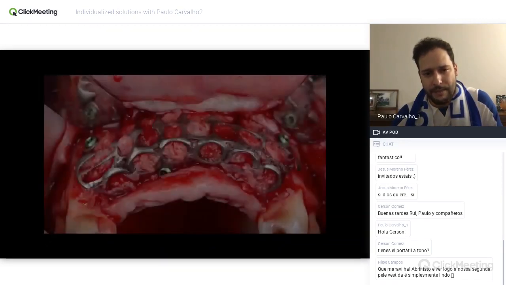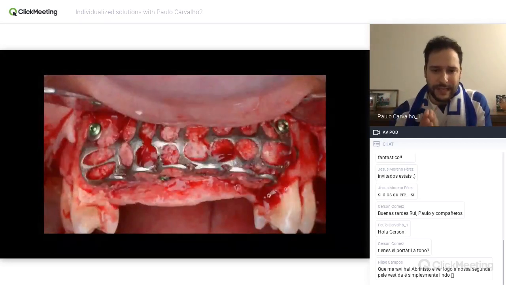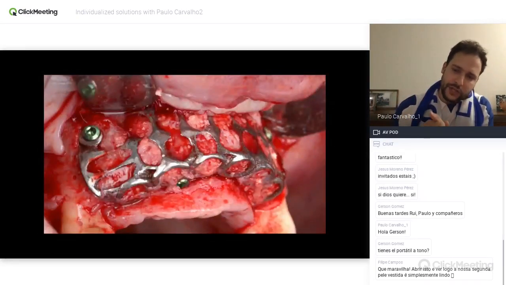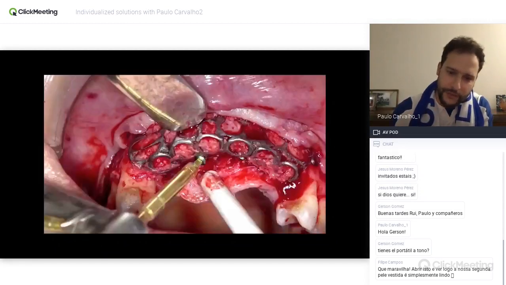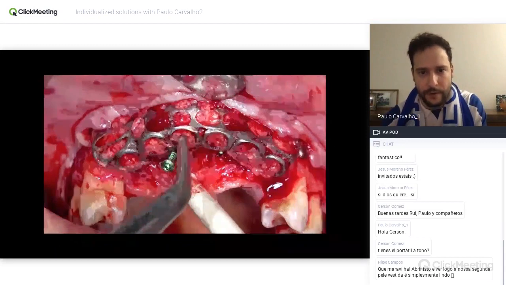But at the same time, having these pores, look how we can easily have the periosteum quickly in contact with the graft material. So the revascularization of the graft is so much better than with other occlusive barriers.